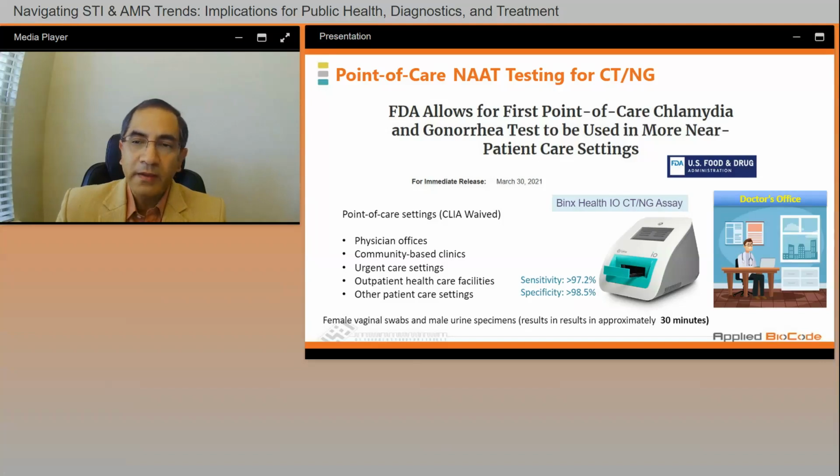Testing at point of care is now available for CT and NG on female vaginal swabs as well as male urine. The test provides results in 30 minutes, and these are CLIA waived tests that can be performed in different settings, such as physician's offices, community-based clinics, urgent care setting, outpatient healthcare facilities, or other patient care settings.